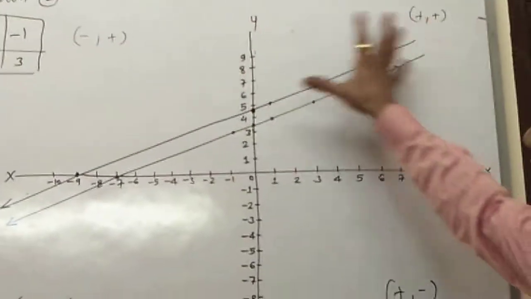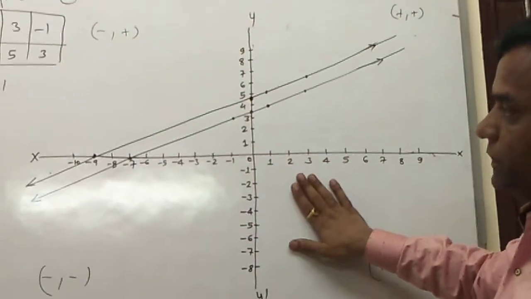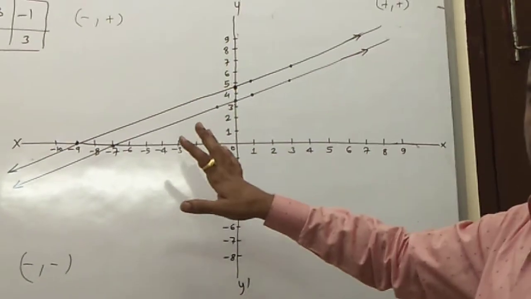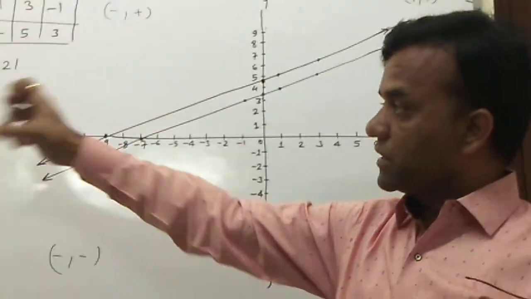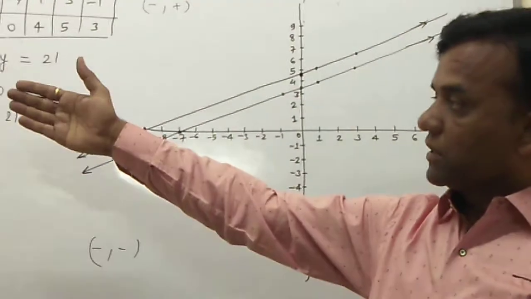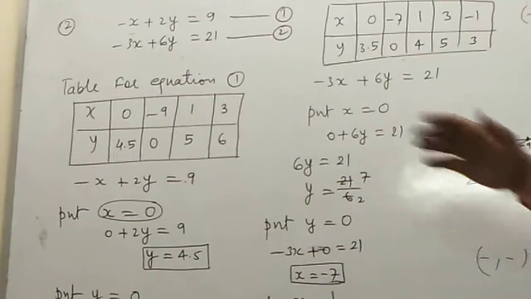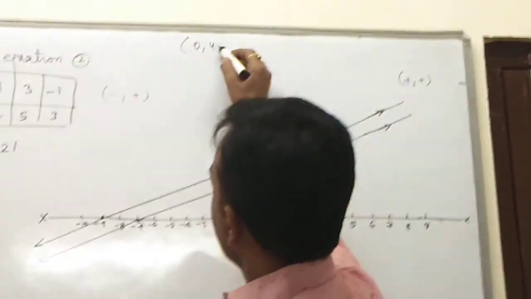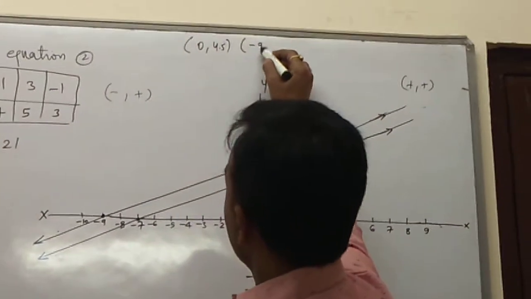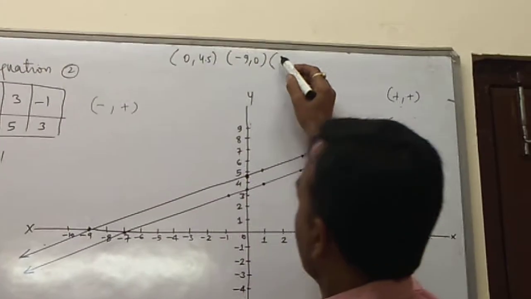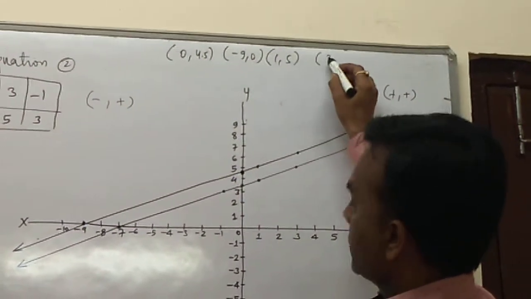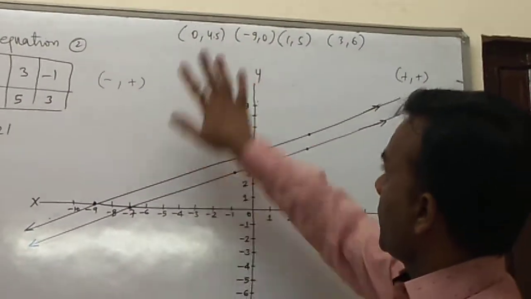Then first we draw the graph points, plus and minus both, and first we write down the first pair here: minus 9 comma 0, 1 comma 5 and 3 comma 6. Okay, all points you write down here.